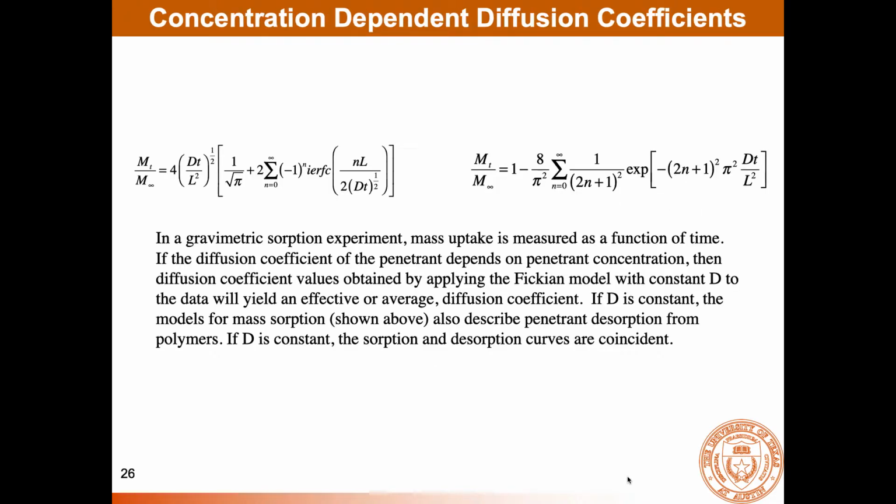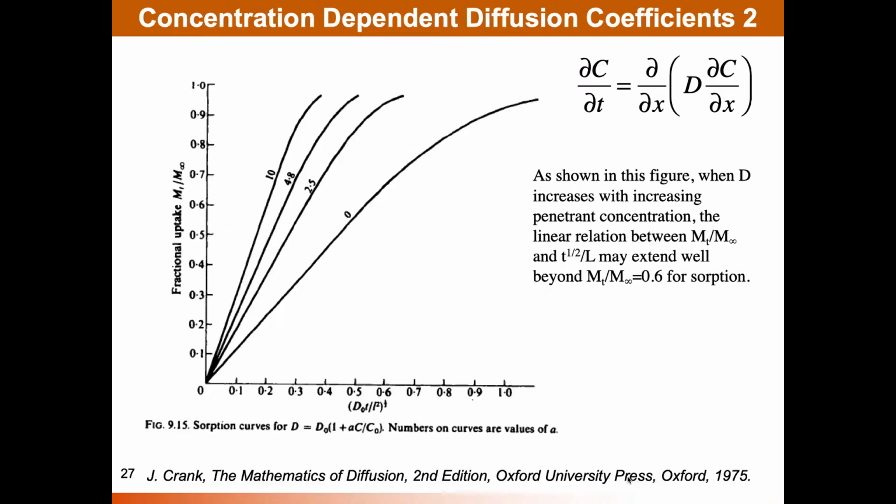Now, the derivation of these analytical models has assumed that the diffusion coefficient is constant. And so what happens if that's not the case? Well, you can solve the partial differential equation numerically, assuming that the diffusion coefficient depends on concentration, and that's not a problem.